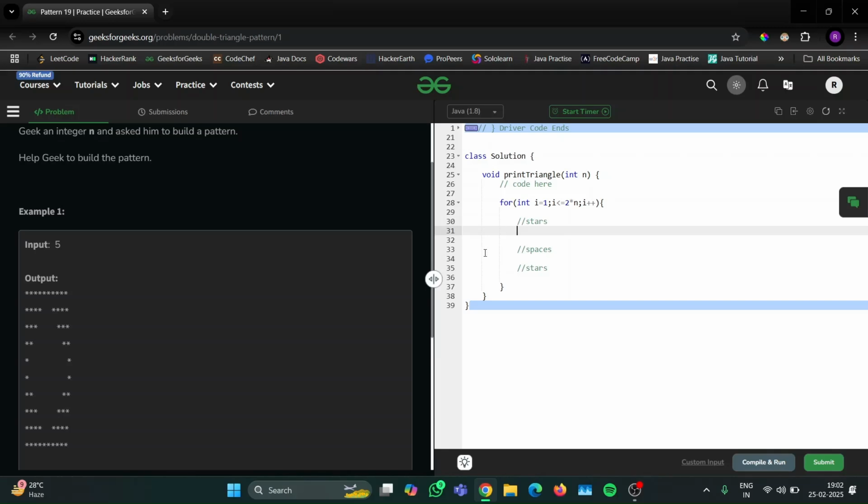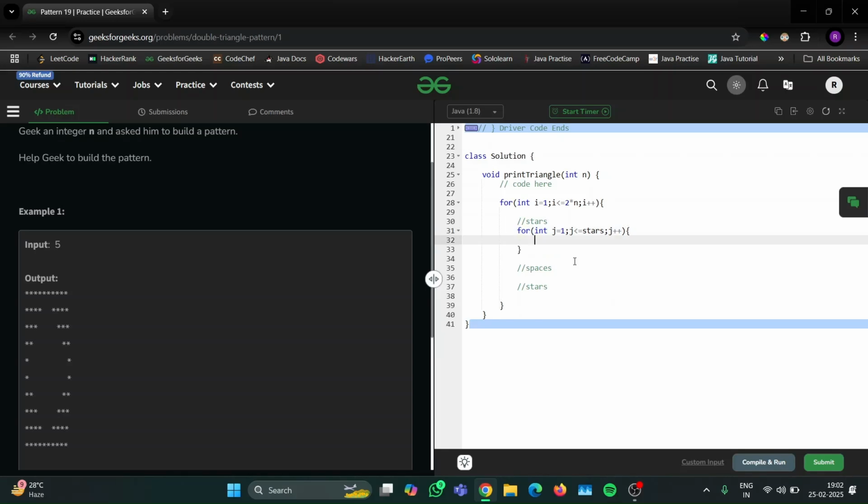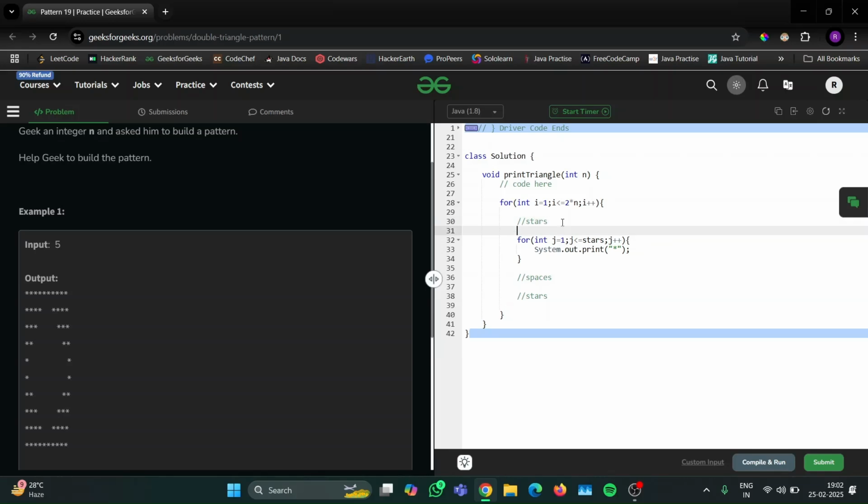So now for int j is equal to 1, j less than or equal to stars, j plus plus, then we have to print the stars, leaving behind no empty spaces as the stars are also not leaving behind any empty space after that.